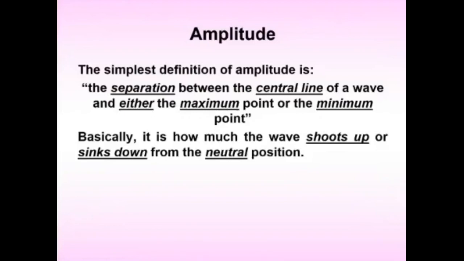I'm not going to use it much, but you should know it's there. In a first year physics textbook, most of the time they don't call it neutral, they call it equilibrium position. I'm going to use it more in grade 12 than grade 11. By grade 11, I'm just going to stick to simple words, neutral or center.